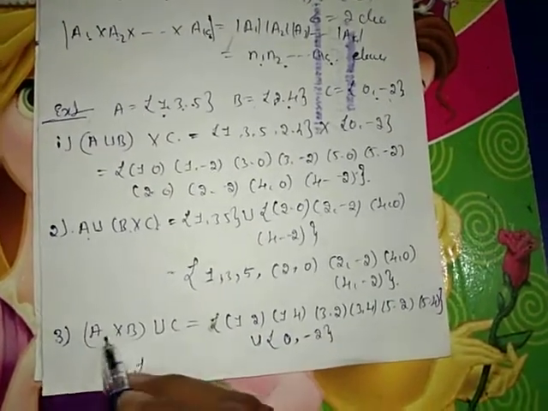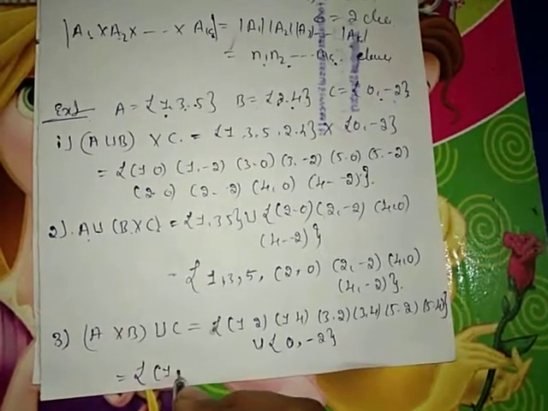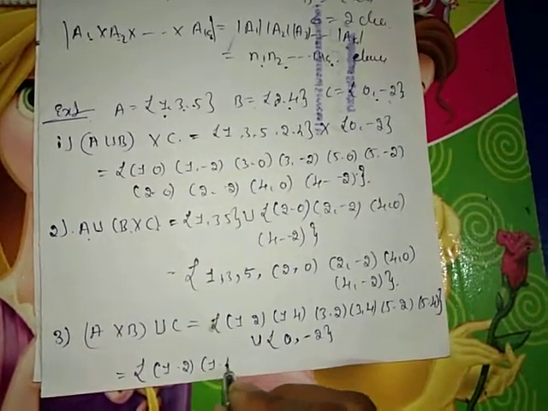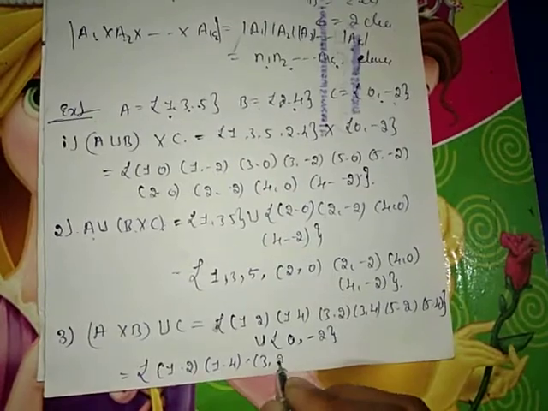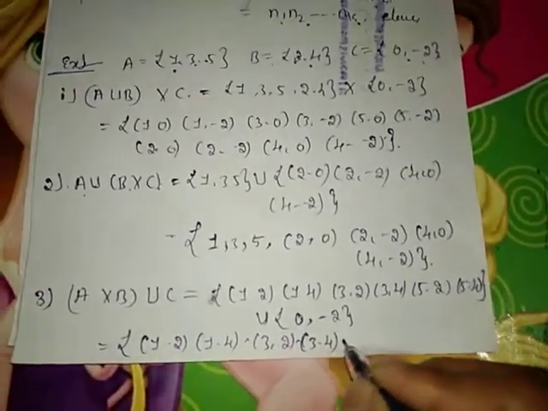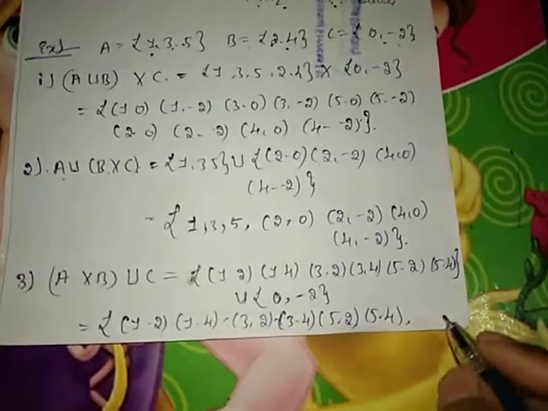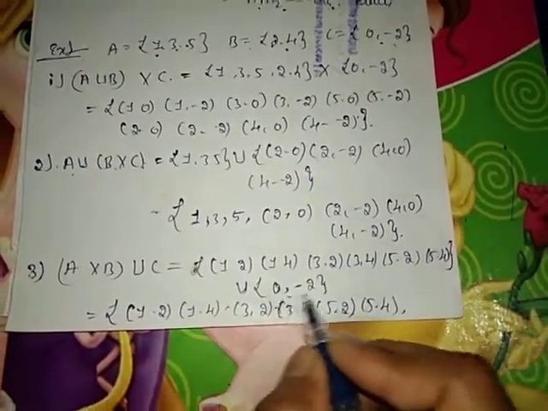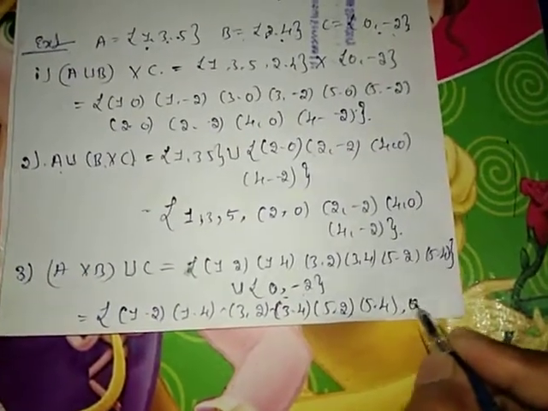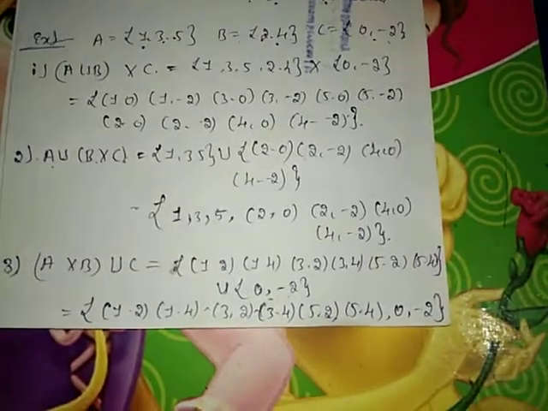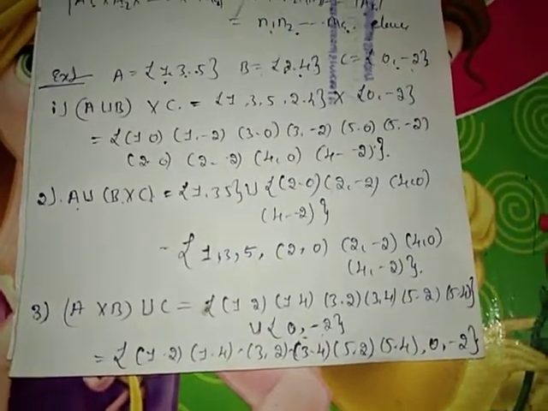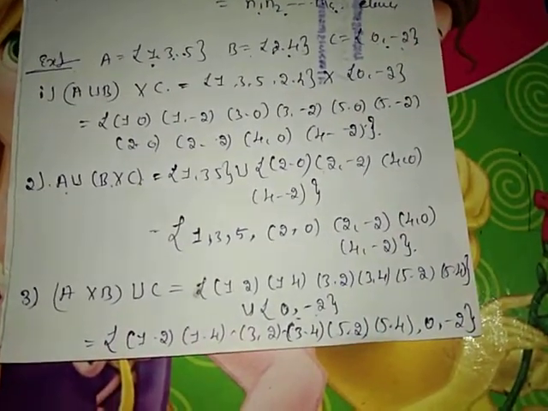Now A cross B union C is (1, 2), (1, 4), (3, 2), (3, 4), (5, 2), (5, 4), and the elements in the set C, 0, minus 2. That is how to find out the cross product and union of the sets.